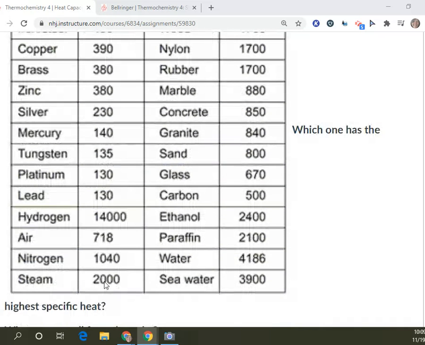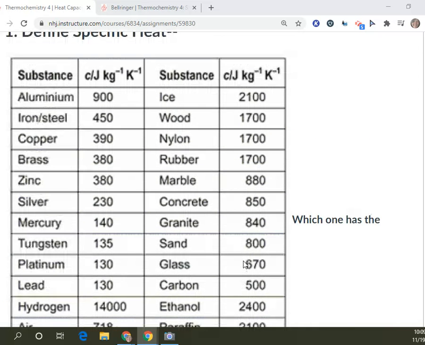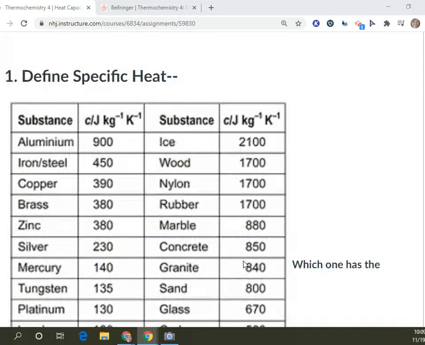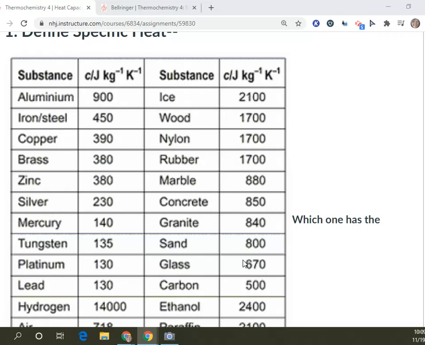You might also notice steam, which is water vapor, really hot vaporized water, has a different number than water. Seawater, which is salt water, has a different number because of its different composition. So one thing that we could observe about specific heat is that it is different for every material.